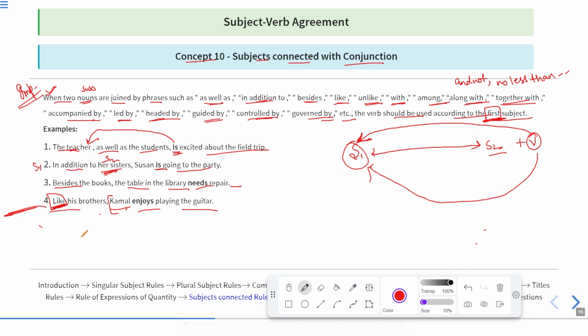Now, if I have a sentence, the teachers along with Seema has gone to the principal's office.